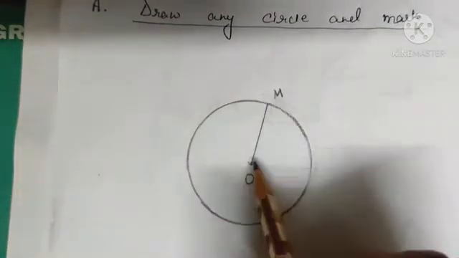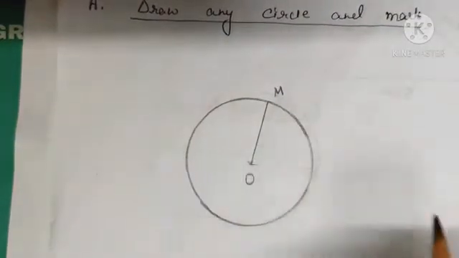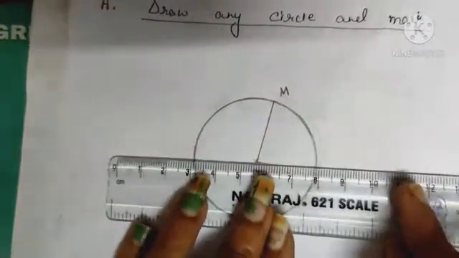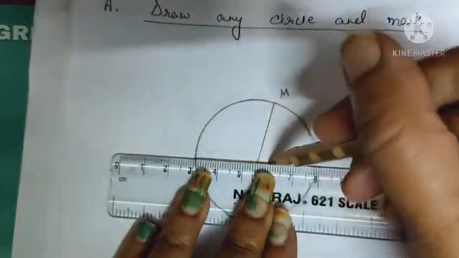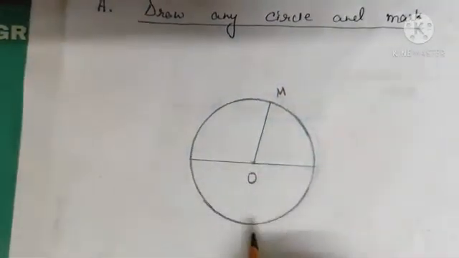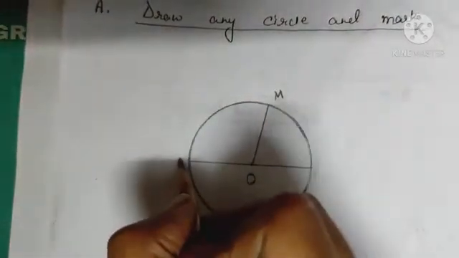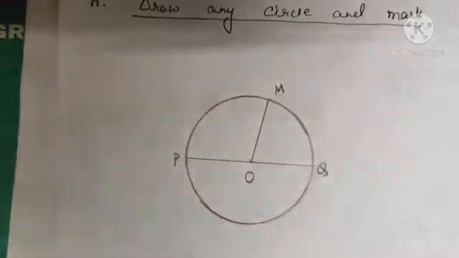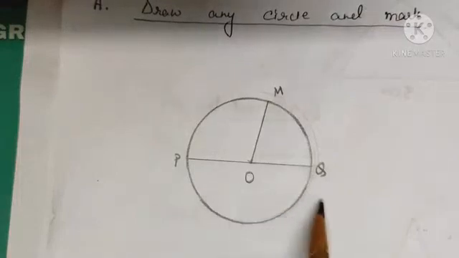You can draw the radius over here, or here, or here. These are the radii. Now a diameter. We mark the diameter as PQ. A diameter is the longest chord of a circle.